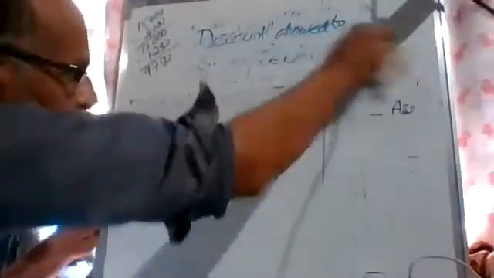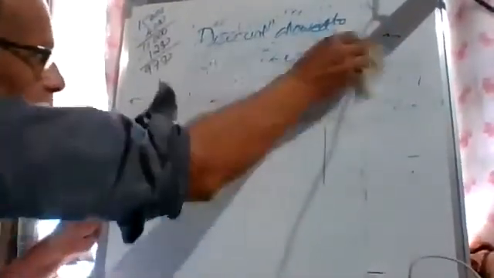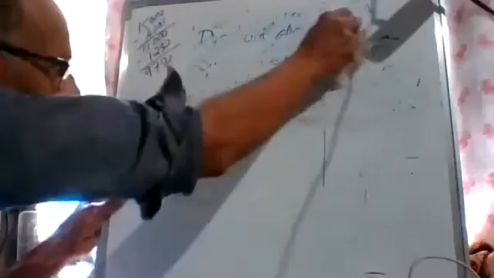Okay, how much is the discount allowed? 780 rupees. What should we do, children? This 780 we will be adding to the balance or deducting from the balance? What is your opinion? Deducting. And what is the balance? 9750.